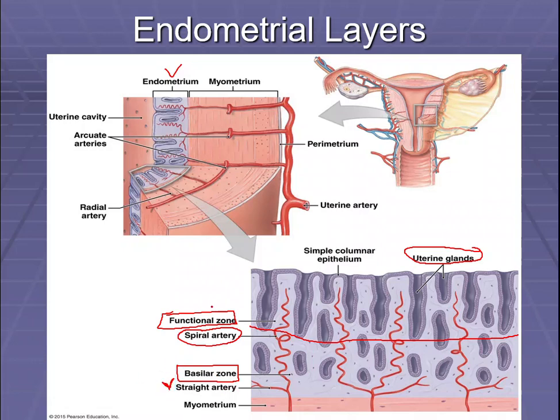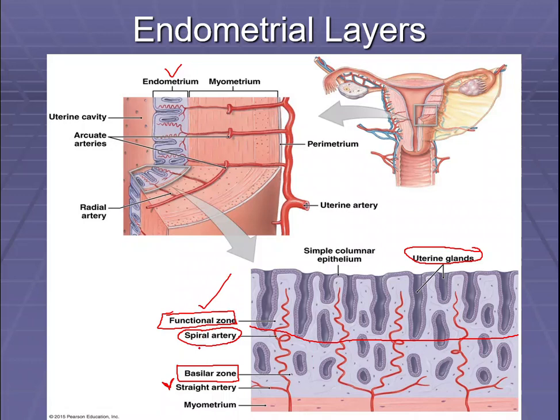Now, why is the functional zone important? This is the zone that experiences a lot of thickening during our menstrual cycle, and it is the zone that is shed off every month for females. Okay? Now, once the functional zone is shed off, the basilar zone, under the influence of estrogen, will form a new layer of the functional zone.